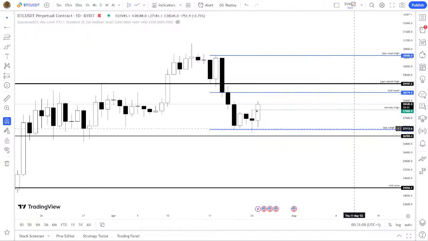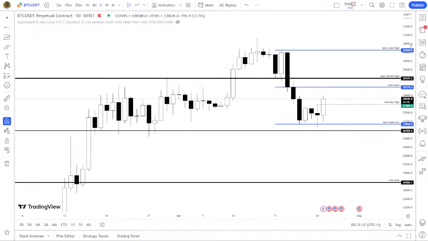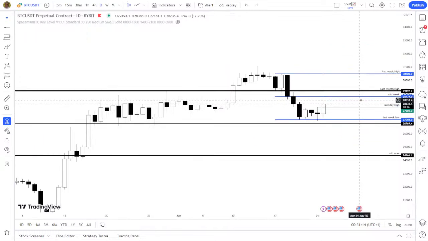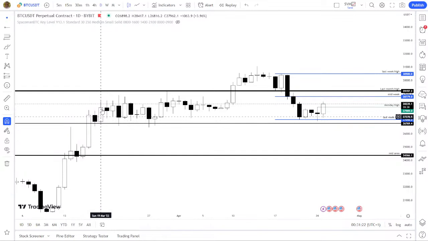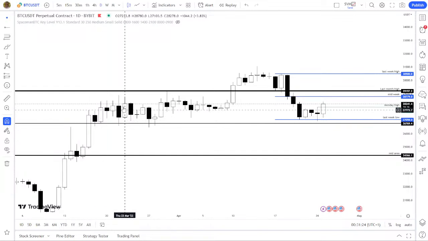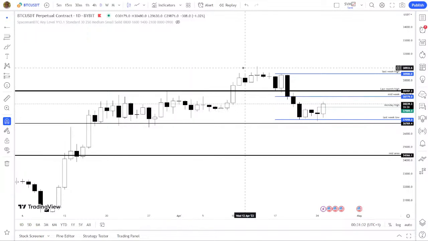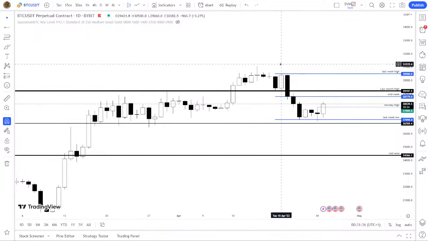So we already have this range mapped out. And if you also notice, this level we marked here, there's been a lot of activity in the past. Price broke out of it, came to retest it and pushed up, retested it again, pushed up to this point before doing some rejection, then broke out a little, came to retest it, pushed up with this green candle, then broke below it.